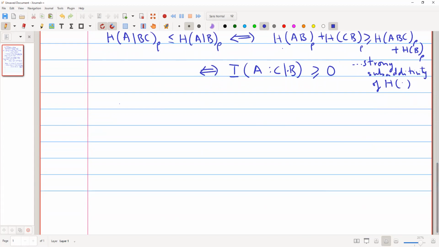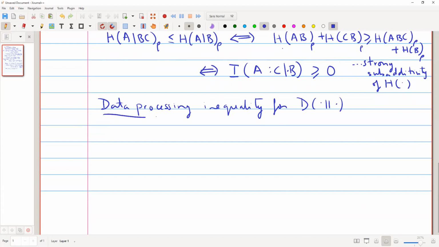Okay. So now the strong subadditivity question we'll connect to our main hammer that we have in the arsenal. That is the data processing inequality for relative entropy. So remember classically how we stated the data processing inequality.